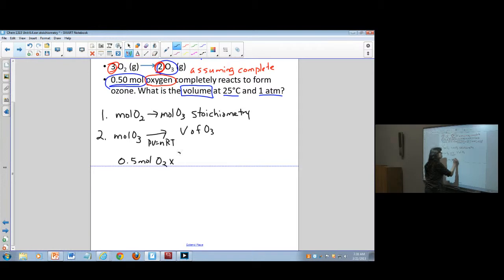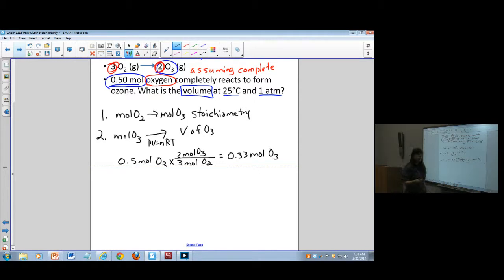So times 2 moles of O3 for every 3 moles of O2 tells me that when I get done with the complete reaction, I'll have 0.33333 or something moles of O3.